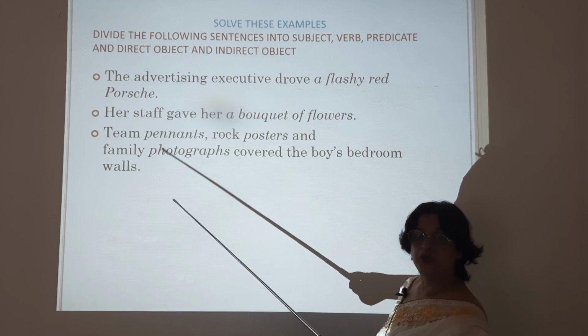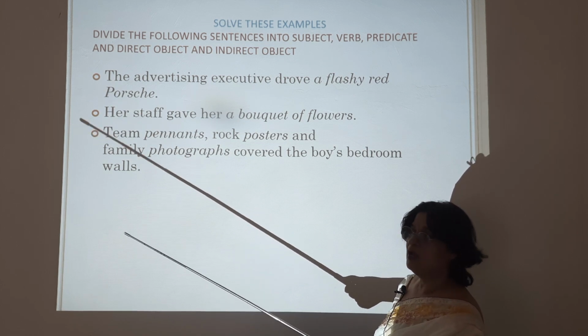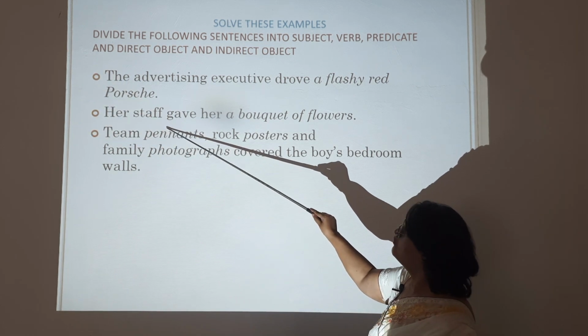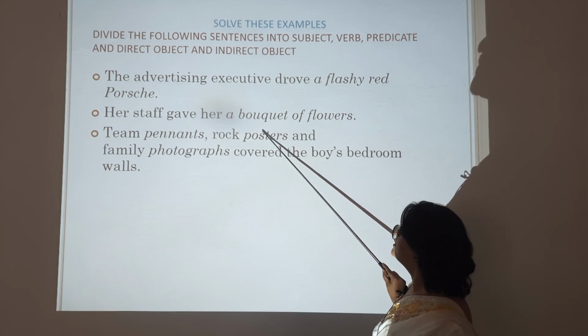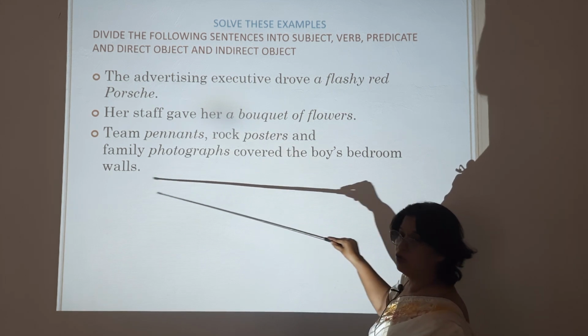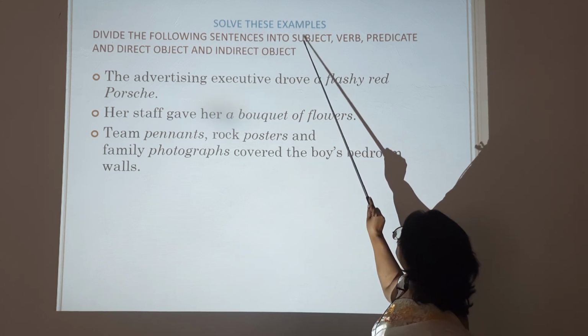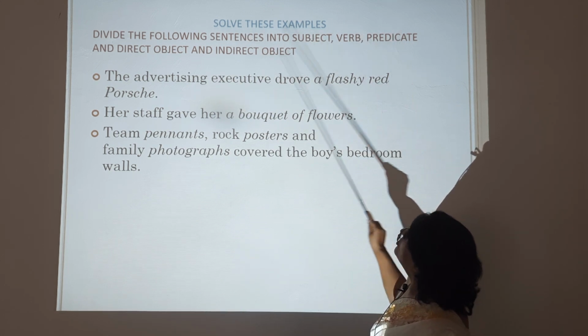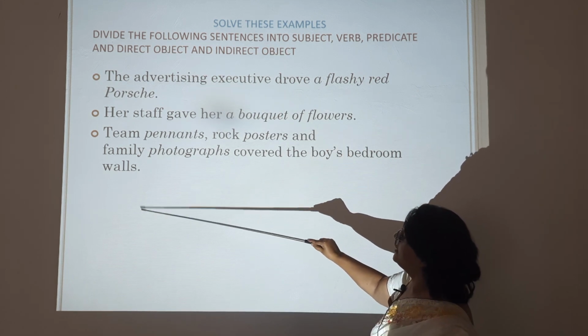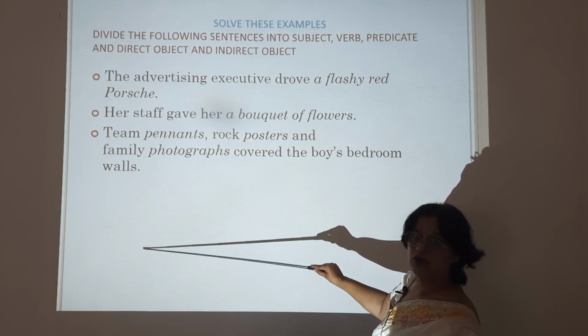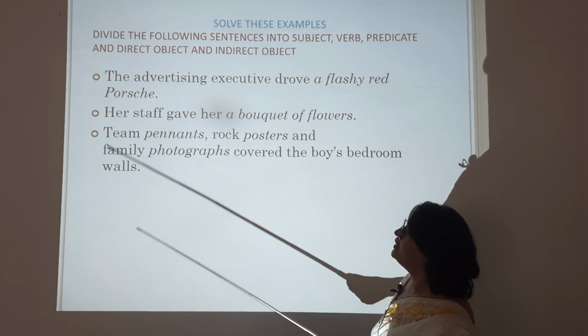So you can pause the video, copy these sentences down, and remember, I do not want V, S on top of the sentence. Very clearly you are going to write it down after every sentence. How many are there? 1, 2, 3, 4, 5. So 5 lines you have to write down this information and send it to me.